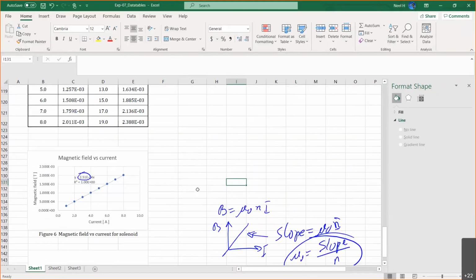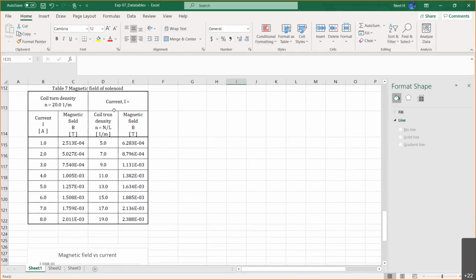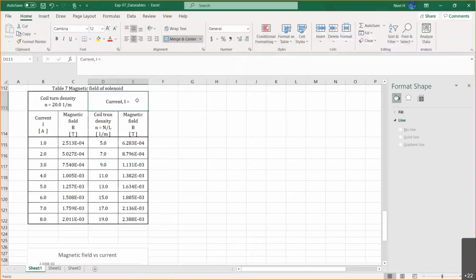So let's look at the same behavior with respect to number density, okay? What's the current we fixed there? Maximum number 10, which you should also record on the table at the right-hand side of table number 7, 10.0 amps, which is a very large number, almost dangerous, such a high current value.